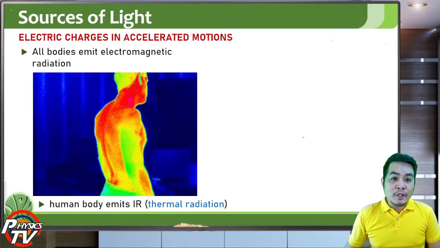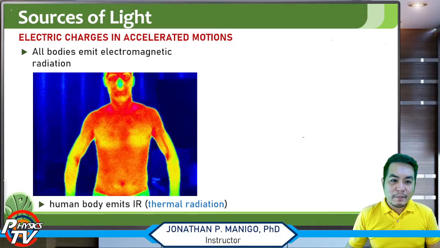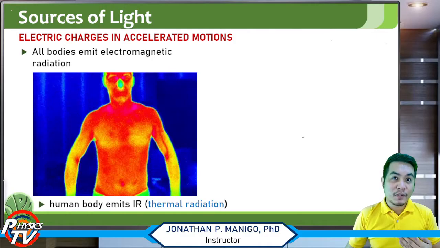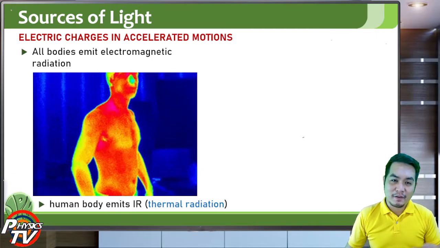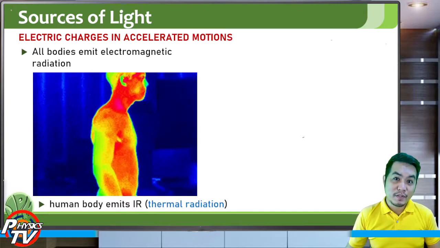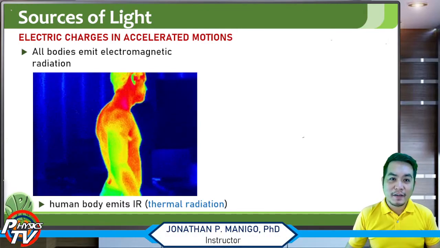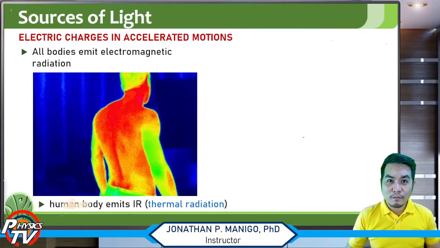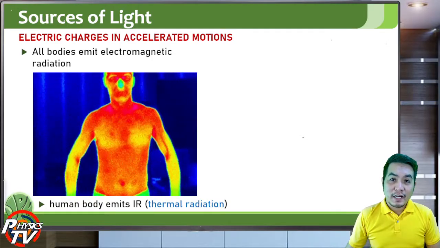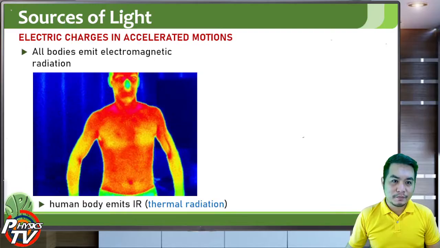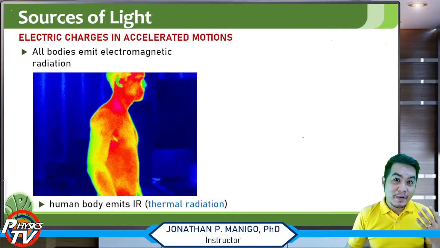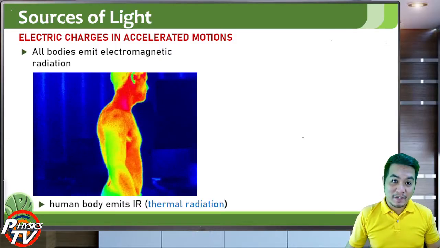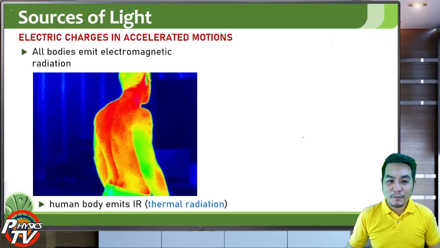Even if you're dead, you still emit some form of infrared light. But it's invisible to us. You need a specific device such as a thermal scanner to view it.